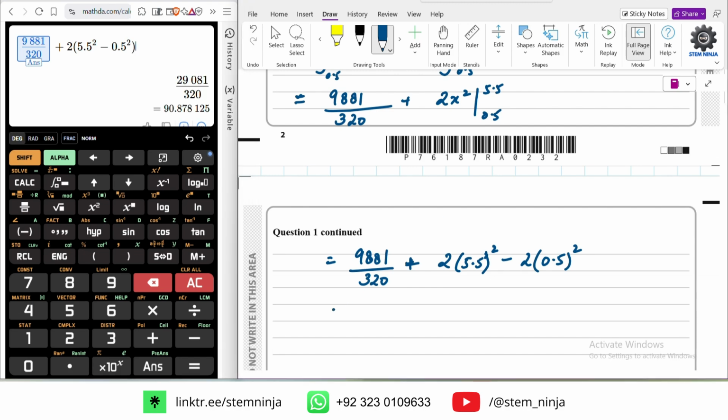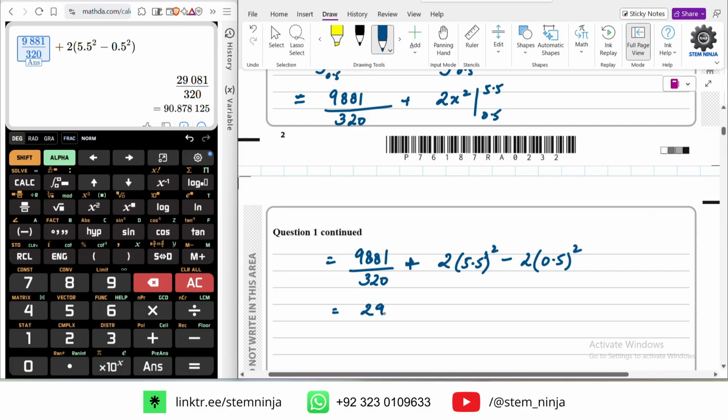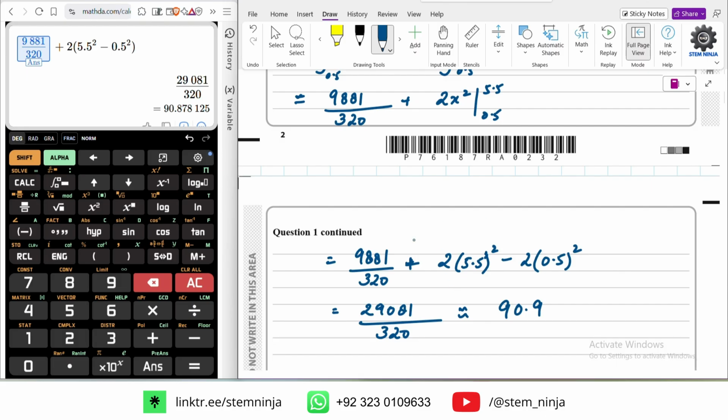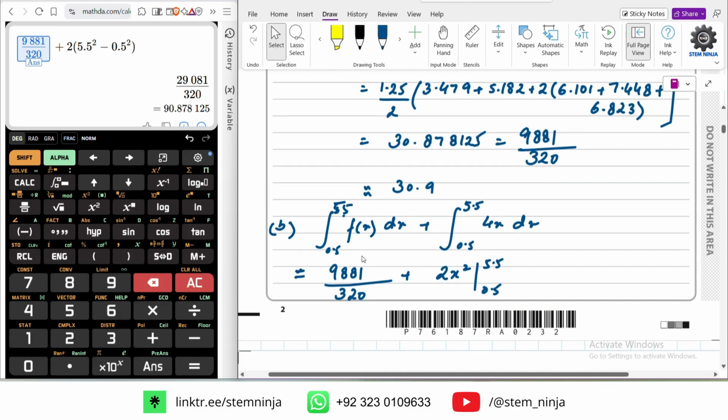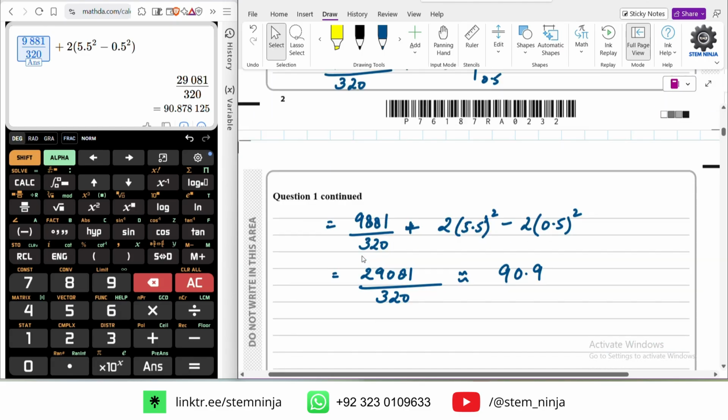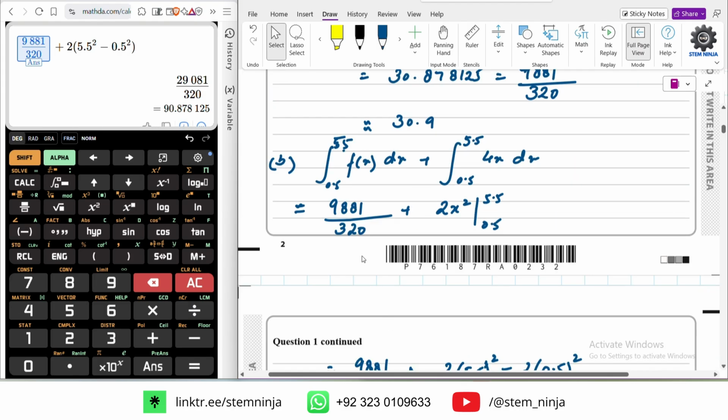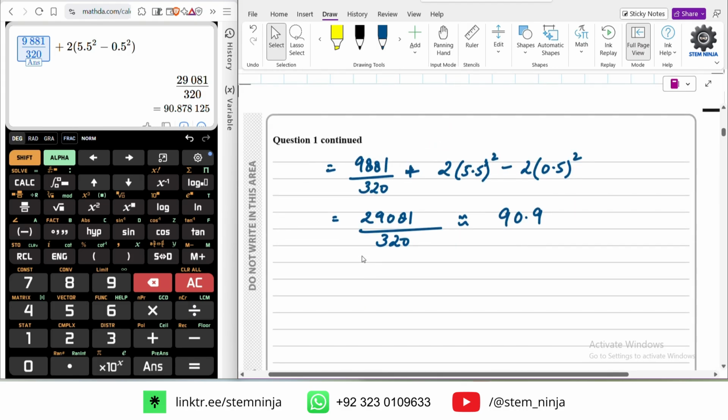So you have 29081 over 320, which can be approximated to 90.9. Right. Okay. So that is basically the answer. Any other part? No. All right. So this is question number 1.